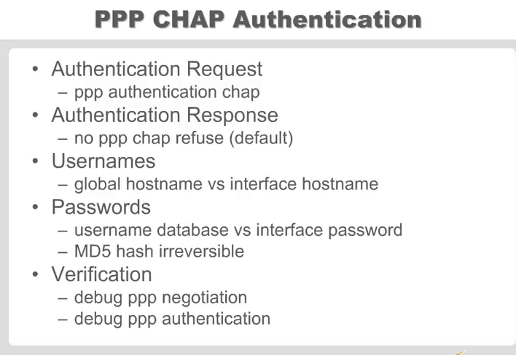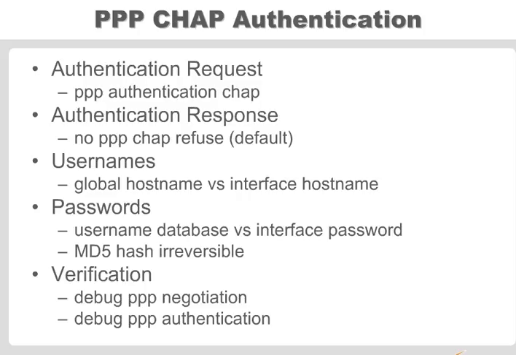Now, other things slightly different with CHAP. By default with CHAP, it will send the host name of the device unless you have an interface host name or interface name configured for CHAP. And passwords as well. Having an interface password will override the global configuration as far as the credentials being used for what's sent.